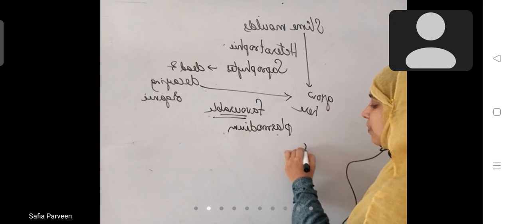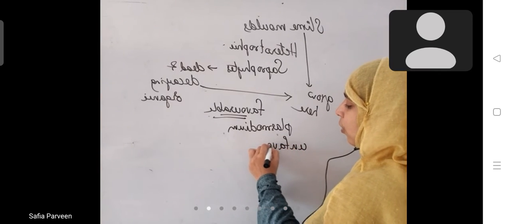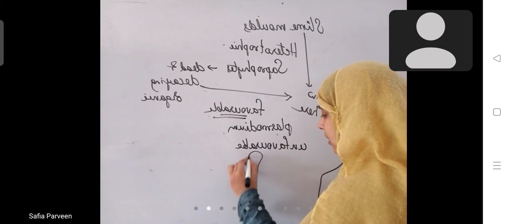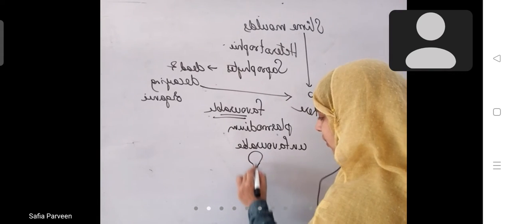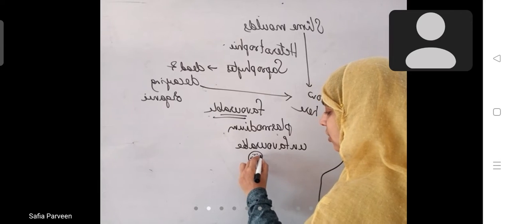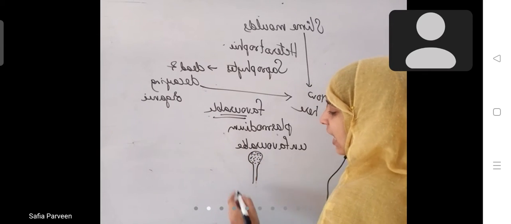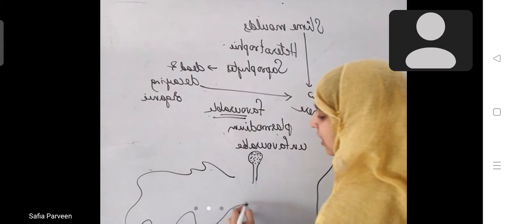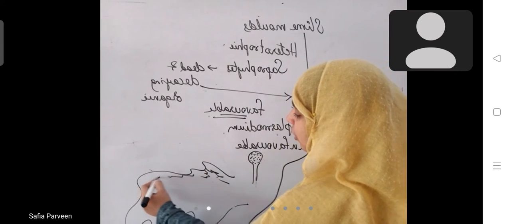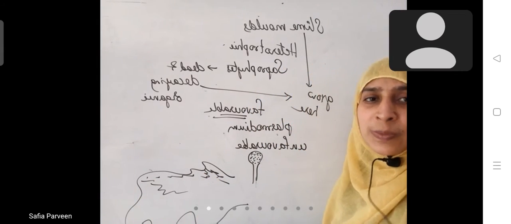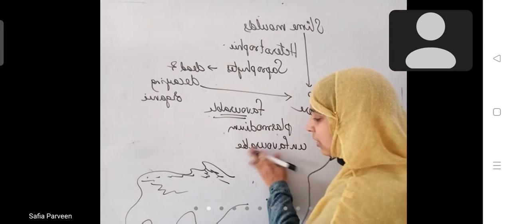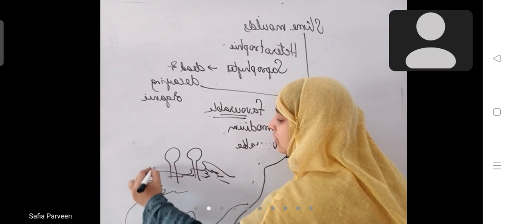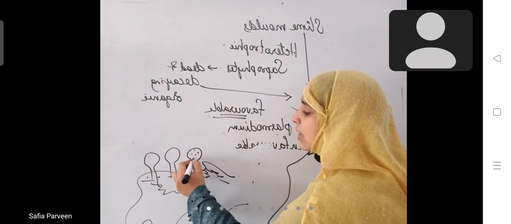But when the conditions become unfavorable, they grow small round structures like this, which have so many spores inside. As long as conditions are favorable, they keep spreading. All these are slime molds. But if the condition becomes unfavorable, they develop structures like this, in which spores are present.